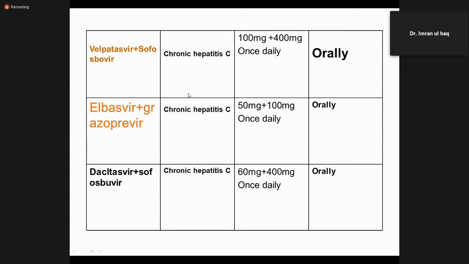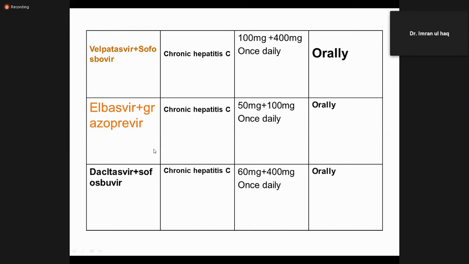Clear? So another combination, elbasvir plus grazoprevir: 50 milligram of elbasvir and 100 milligram of grazoprevir. The purpose of mentioning these names is that you will be familiarized with the latest preparations that we are using in the treatment of hepatitis C, right?